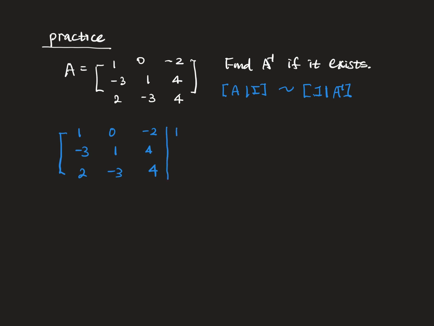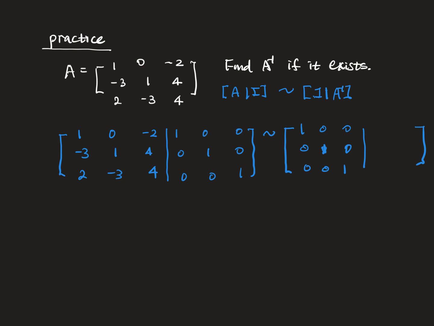You have 1, 0, 0, 0, 1, 0, 0, 0, 1. So our final destination is going to be 1, 0, 0, 0, 1, 0, 0, 0, 1. Then we're going to figure out the other half, right?